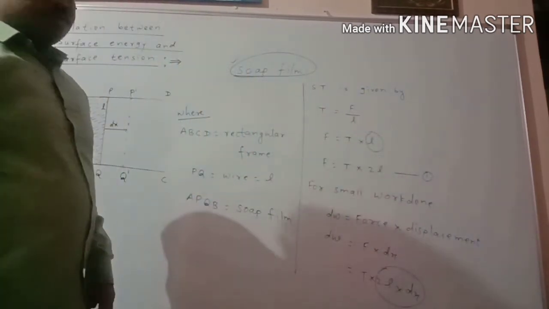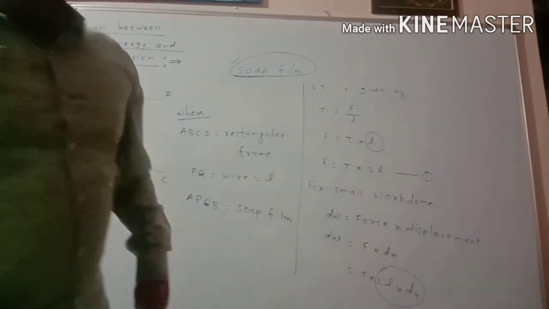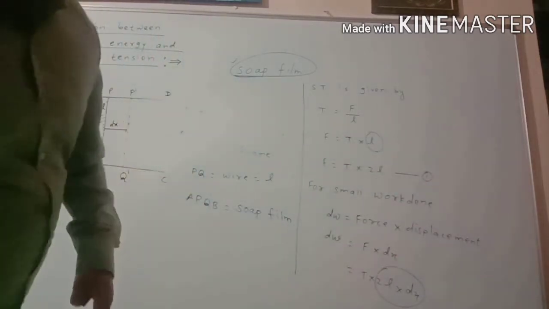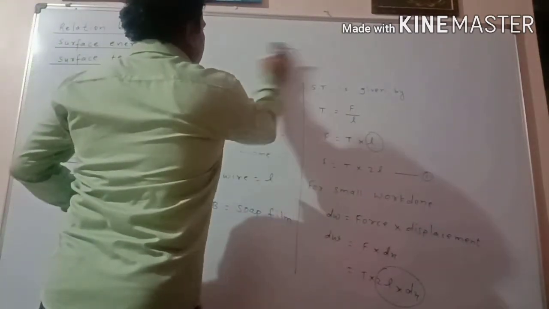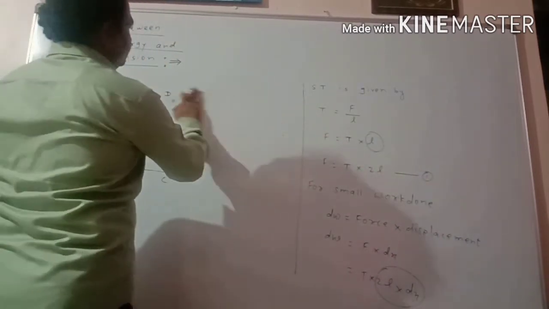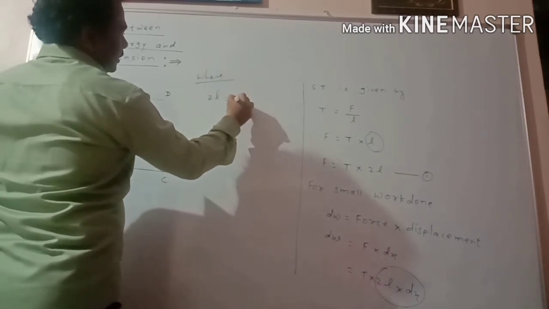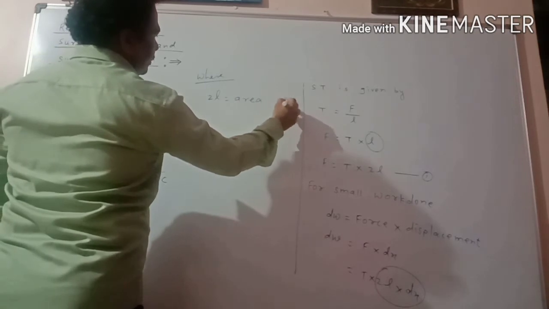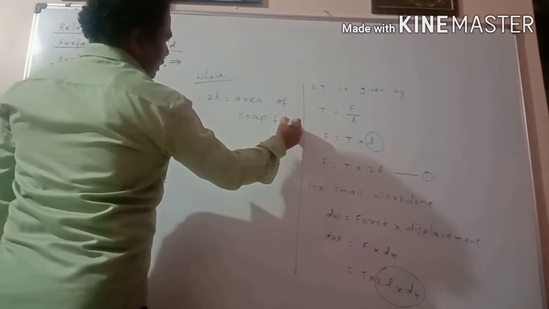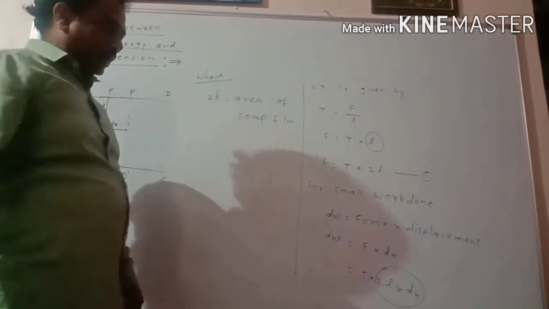2L represents what? That soap film has two surfaces. So 2L represents the area of the soap film, because the soap film has two sides, that's why we are using 2L.